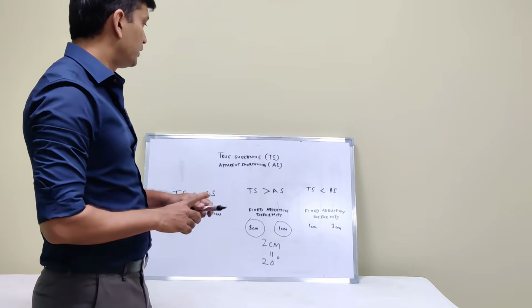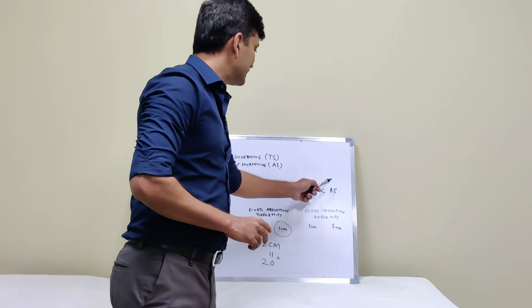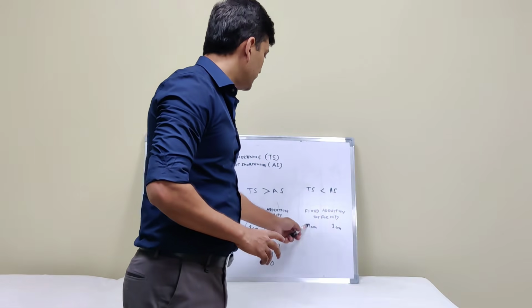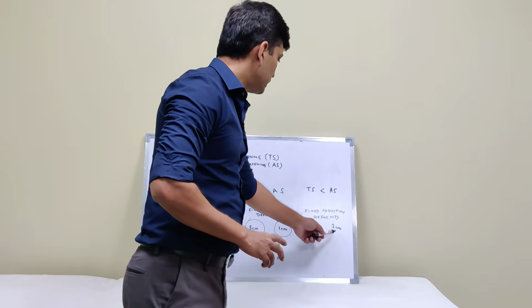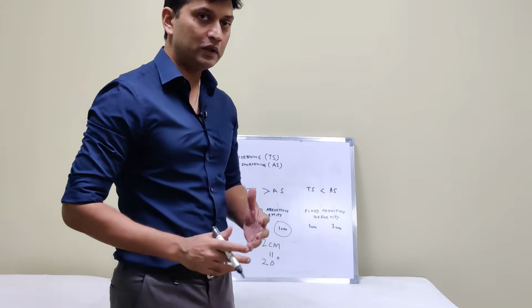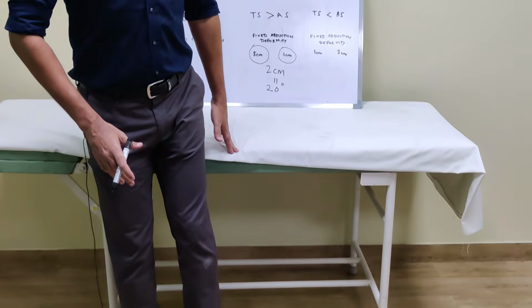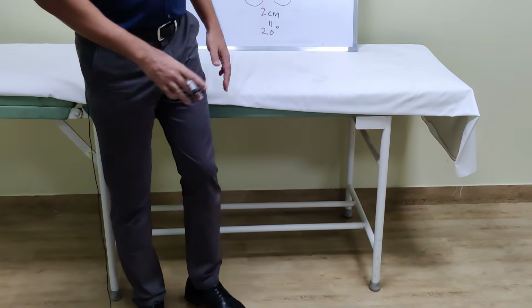The third scenario will be where true shortening is less than apparent shortening. So say for example, if true shortening is 1 centimeter but apparent shortening is 3 centimeters, this usually will happen in adduction deformity, where you lift the ASIS and the apparent shortening will be exaggerated.